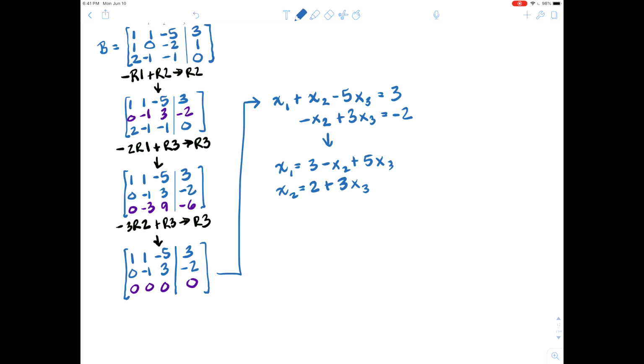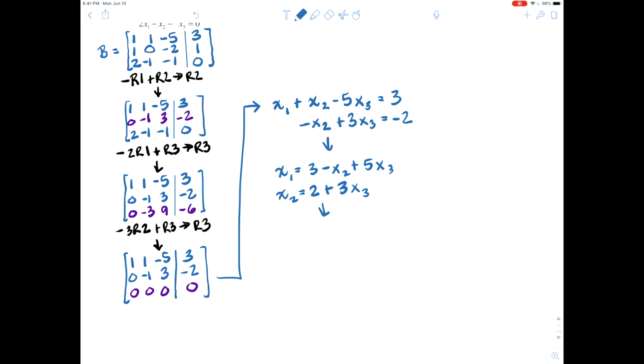So, again, what do you see? You've got x2 within x1. So simplifying x1 more, I can say x1 is equal to 3 minus 2 plus 3x3, and then plus 5x3, which in turn will equal to what? 3 minus 2 is 1, and -3x3 plus 5x3 is +2.